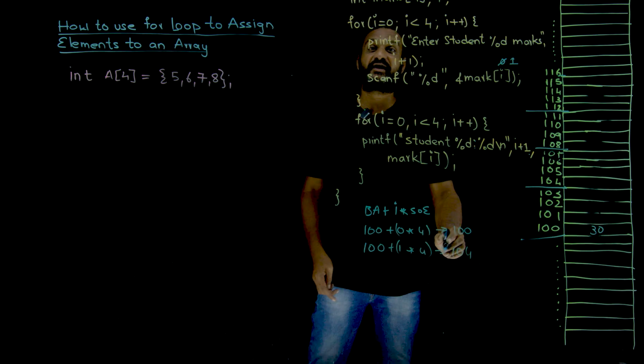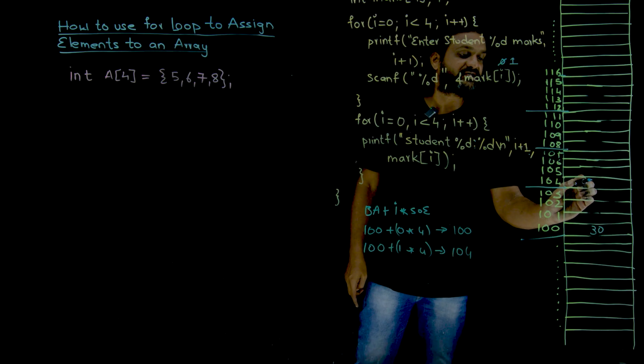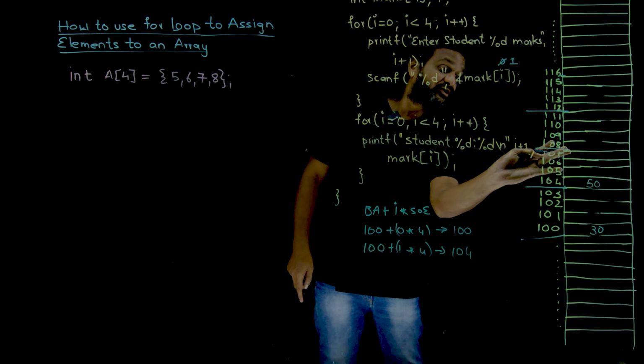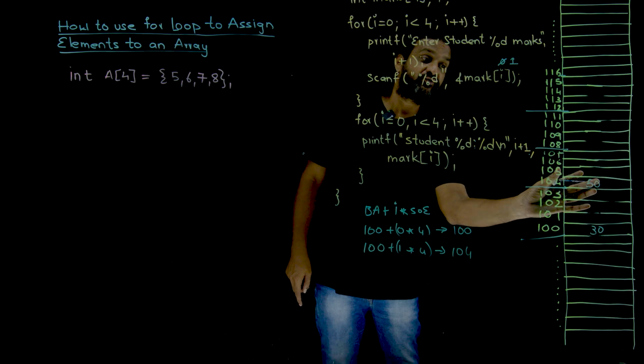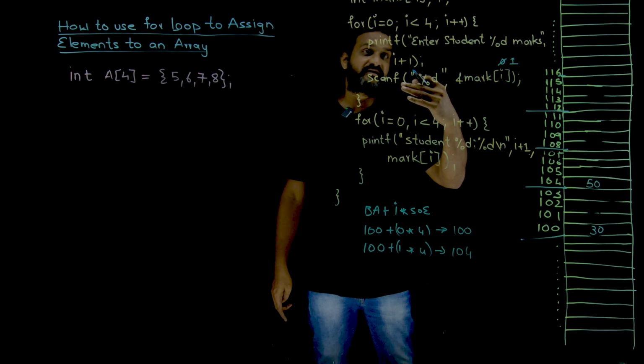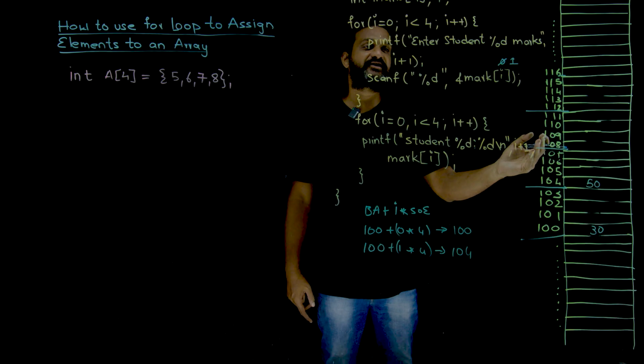This is the location where the marks will get stored. Let's assume the user has given 50, so 50 will get stored here. These are the 4 byte locations. So that is the first iteration and second iteration.